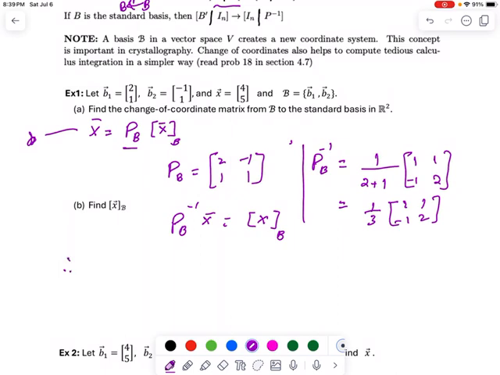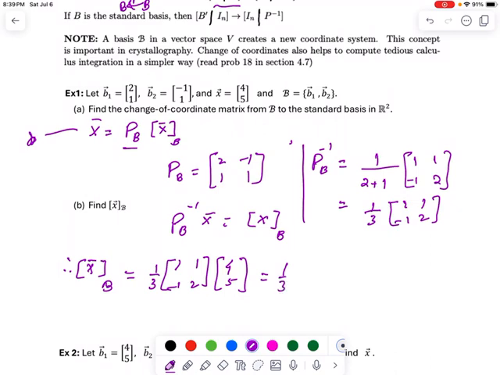Therefore the vector x relative to the B basis will be equal to 1 over 3 times 1 1 negative 1 2 times 4 5.